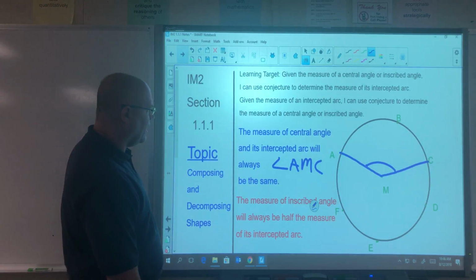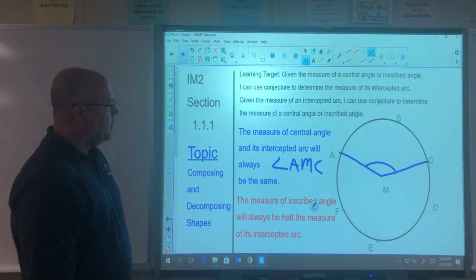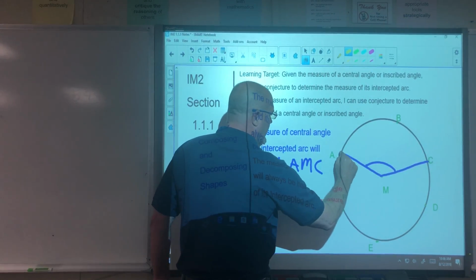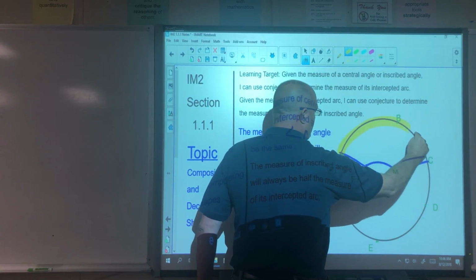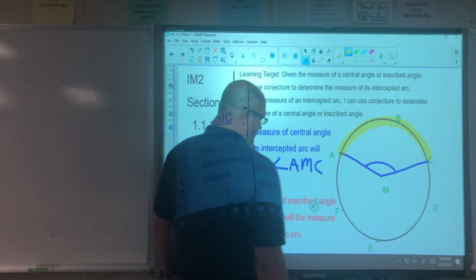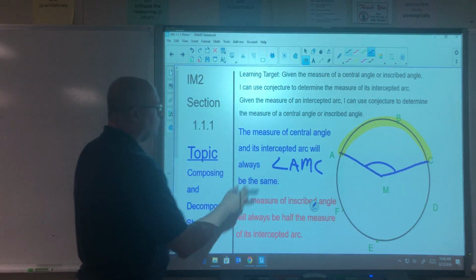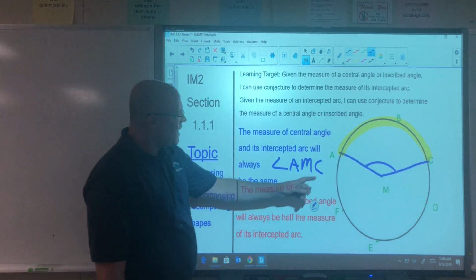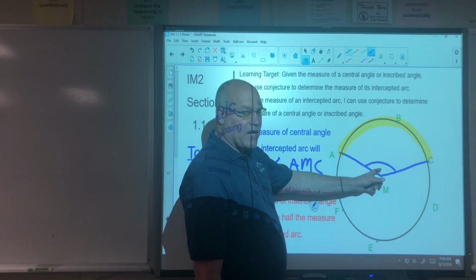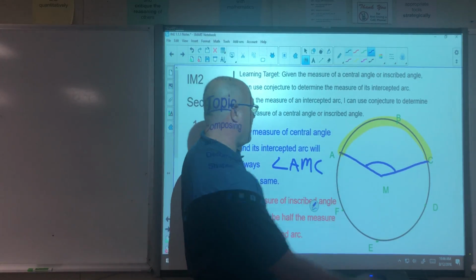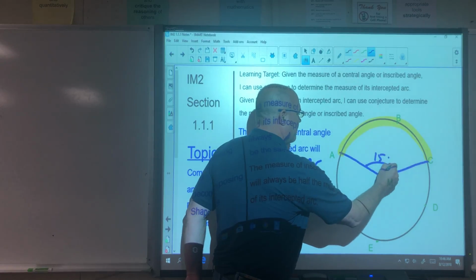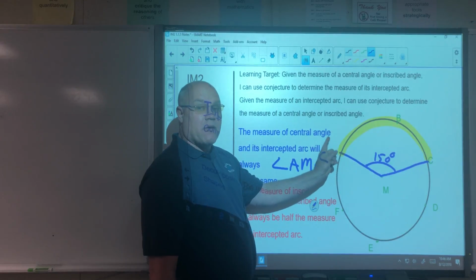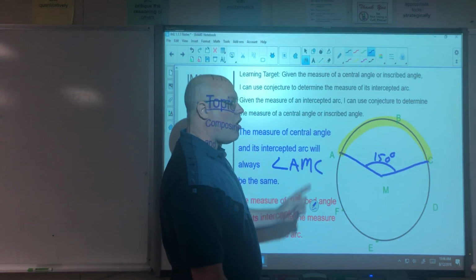Now, its intercepted arc is going to go from A to C. And so the rule we've discovered in our lesson is that the central angle measure, let's say that looks like about, we'll call it 150 degrees, and its intercepted arc measure was also the same.